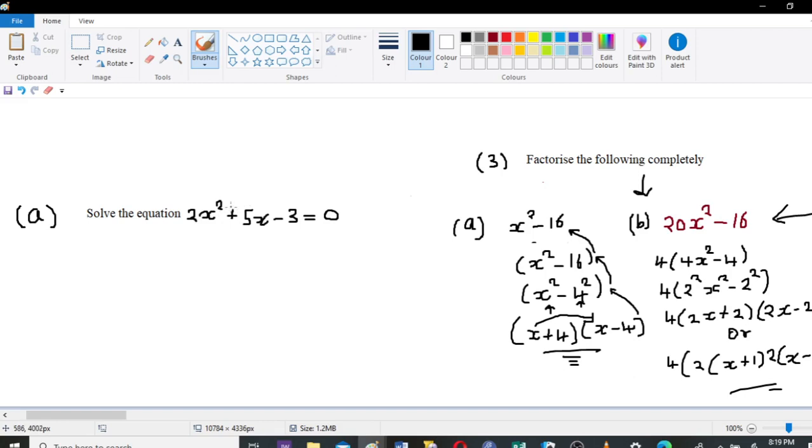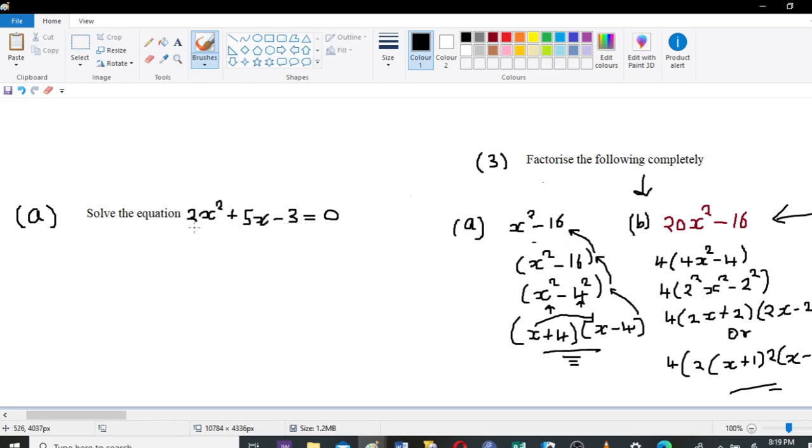You can solve this one by factorization method, or you can use the formula method. Okay, but remember, this is paper 1, you don't use a calculator, so you can just use either completing the square method or factorization method, which we are going to use. Okay, so how do you do that one?